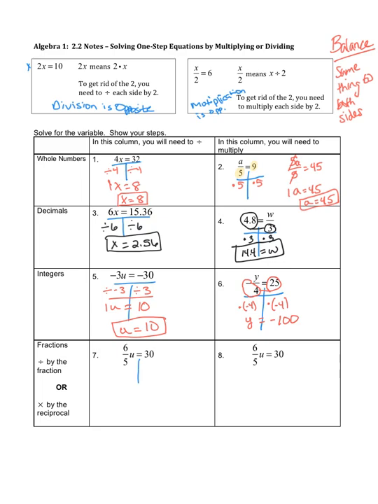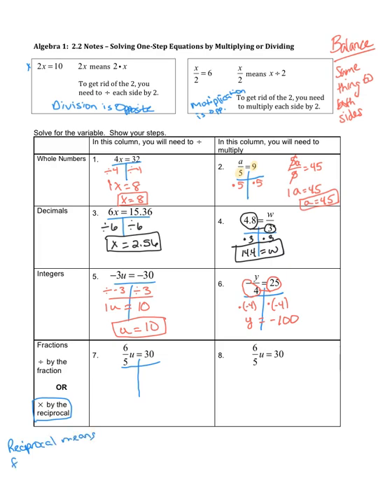Last part. You can do 2 things, and I'm going to teach you the one-step way. Okay? We're going to multiply by the reciprocal. That's what I want you to try. Reciprocal means flip it.